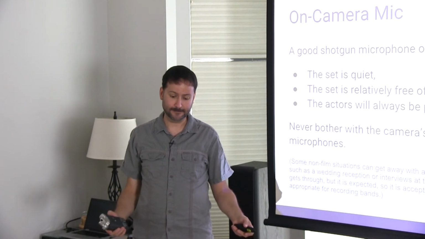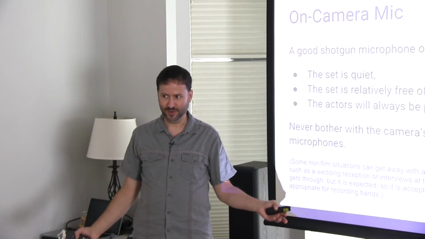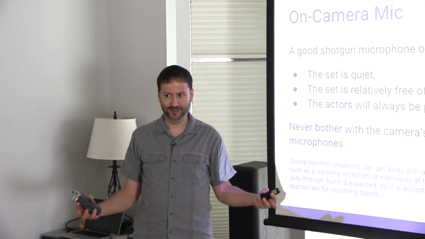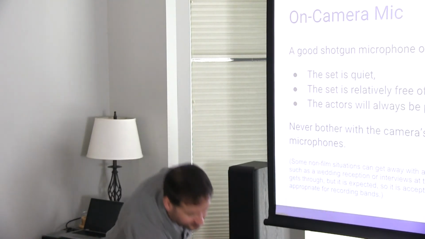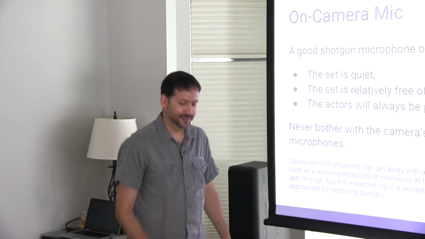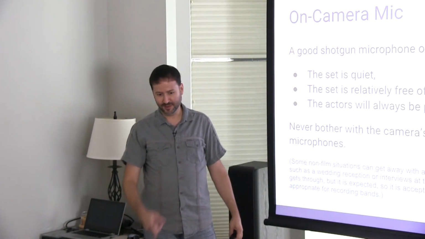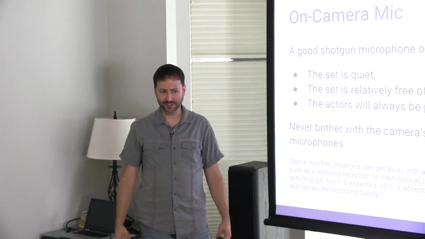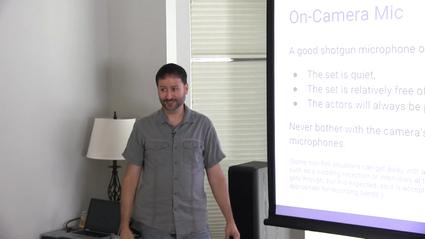So not only do you hear all of the room reverb and background noise, but it's in stereo, which makes it even more obvious. So even though you can buy DSLR filmmaker kits that mount that whole recorder on top of your camera, it looks cool. It looks like it ought to be great. It's not what you want. Don't do it.